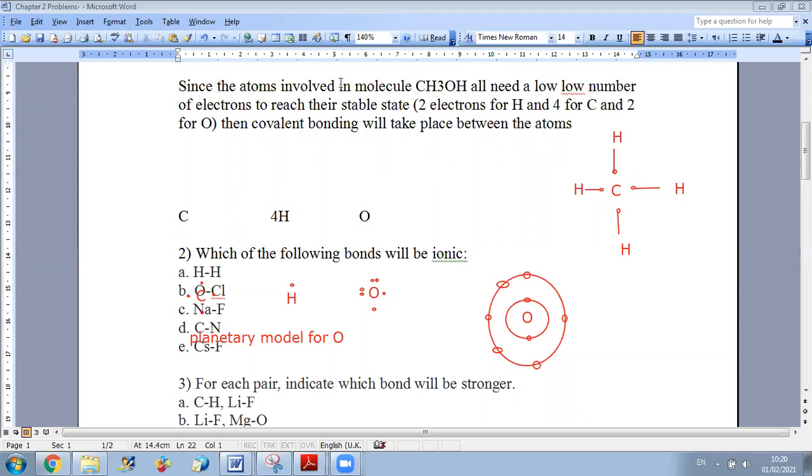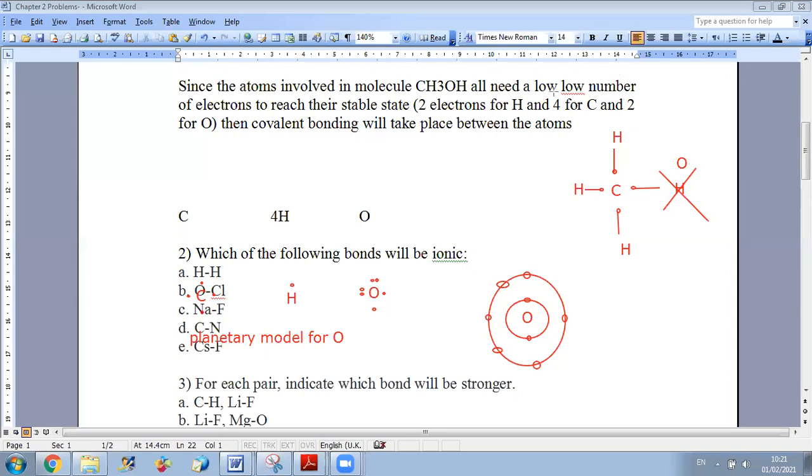This is why I will say no, one of the atoms here will not be H. So C will connect with 3 hydrogen atoms and with 1 oxygen atom. And now the remaining H will connect with O. Why? Because as you know, O can share 2 electrons, so it will share 1 with C and 1 with H. Okay, so the final structure of the molecule will be like this.